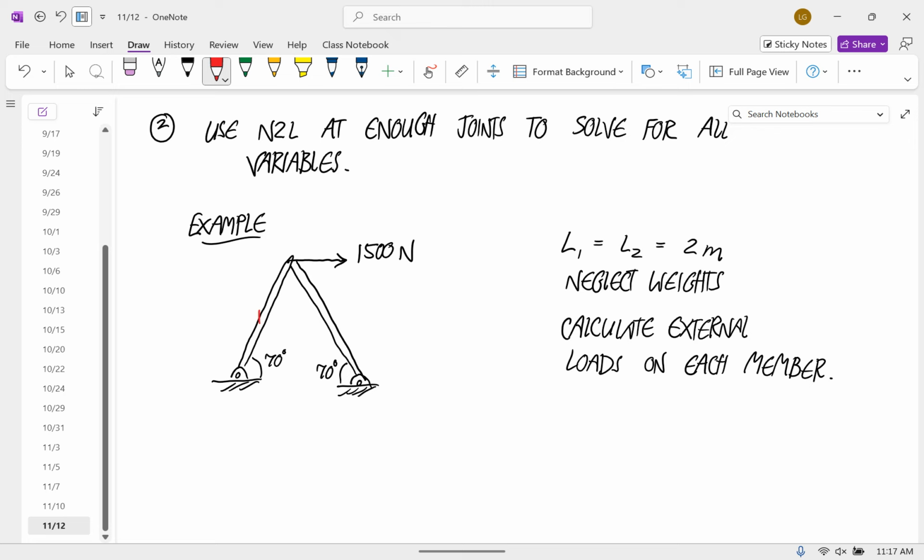I'll call this body 1, this body 2, and I'll call these joints A, B, and C.